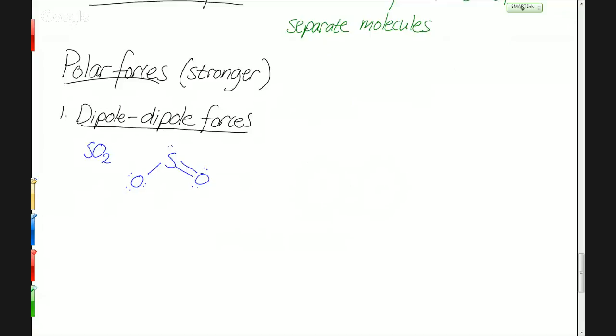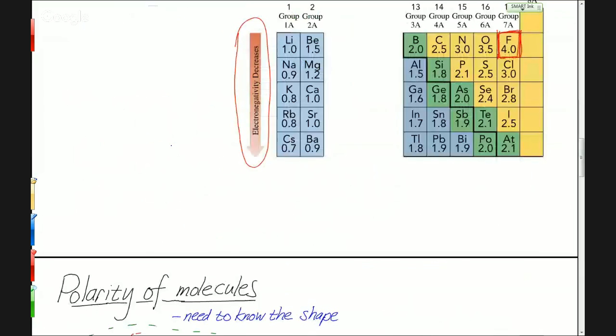F is the strongest, the most electronegative, so everything else kind of goes toward F. So that means if O is on top of S, O should be more electronegative than S, because that's the trend going up. And if we go back to look at that table, I think we can see that the difference between O and S there is about 1, which is significant in terms of electronegativity.